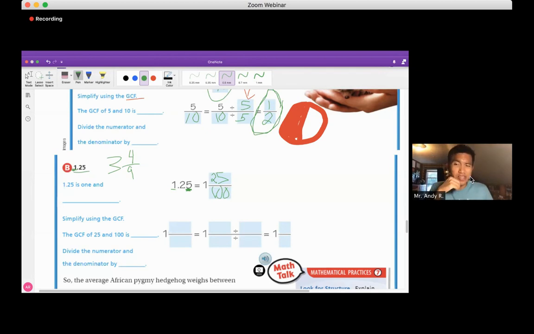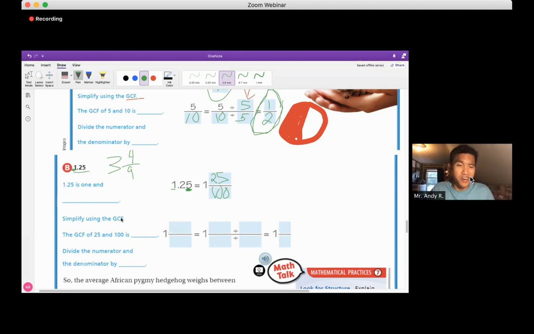And just to make it the smallest it can be, we have to find the highest number that can divide them both. So we are finding the greatest common factor. You use the greatest common factor to simplify fractions.